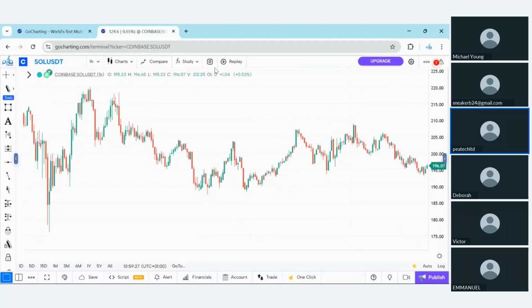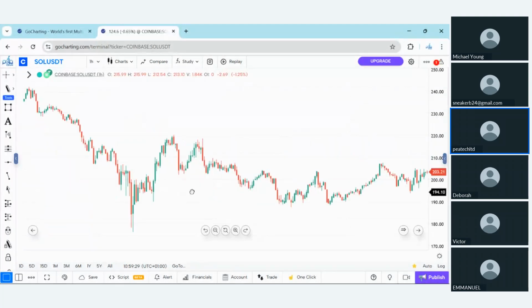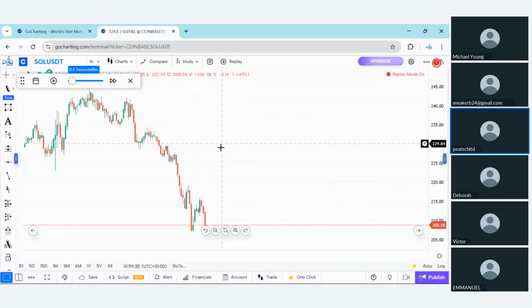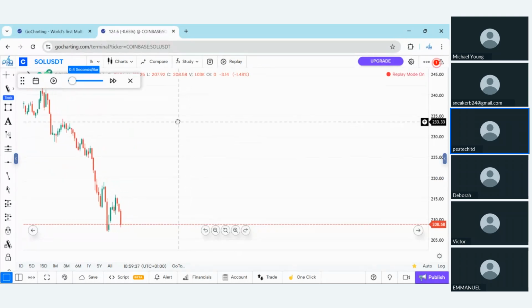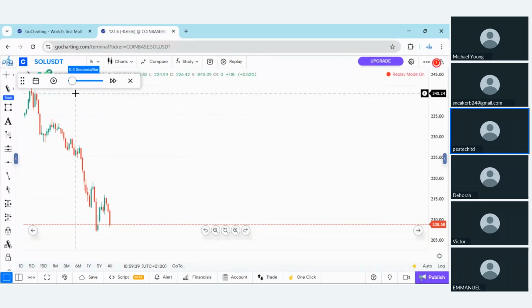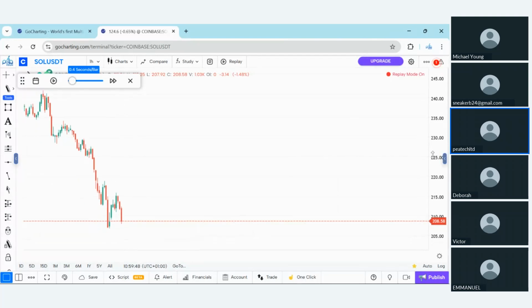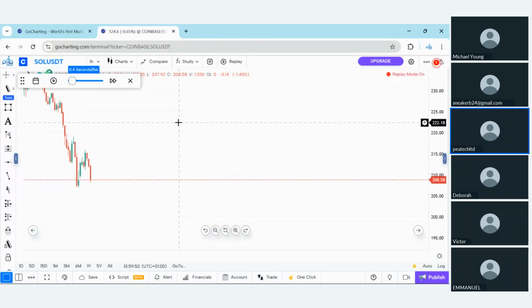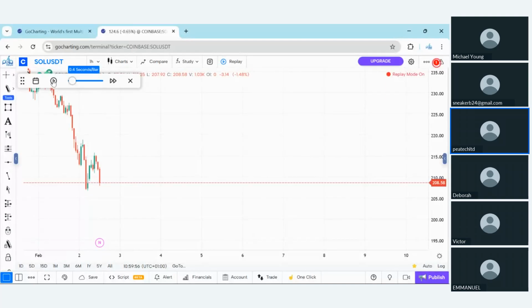Now, while we are playing this, what we want to do is to identify demand. So this time we are not doing supply. Supply is selling, demand is buying. So let's identify our demand zones.